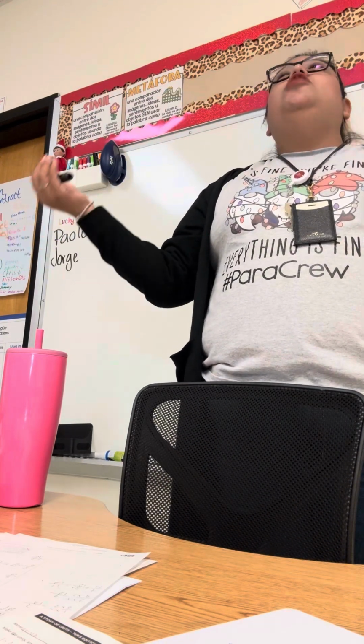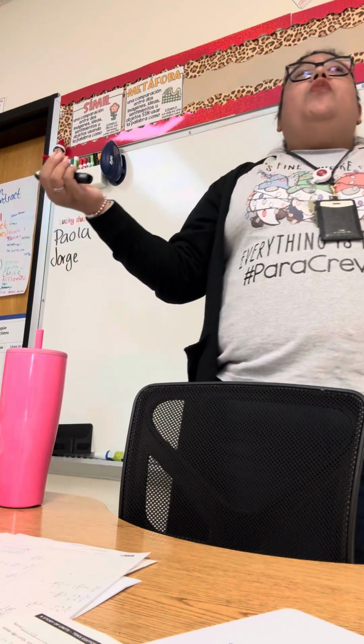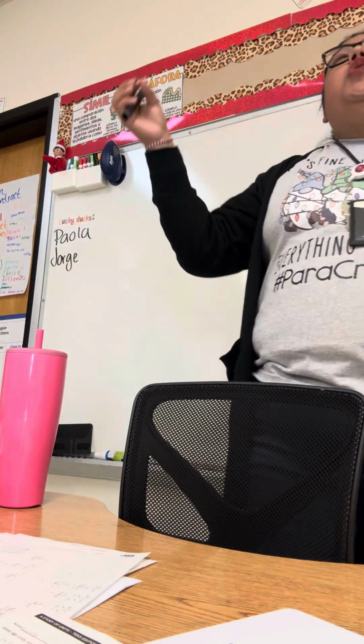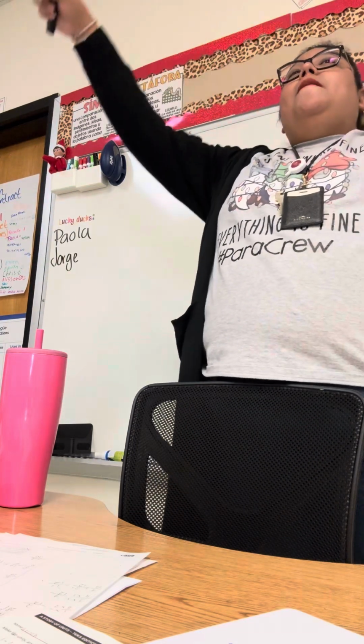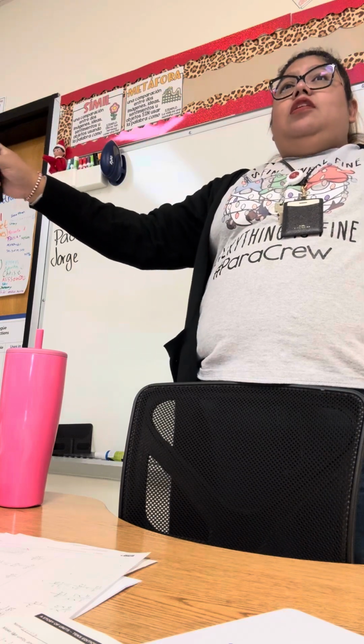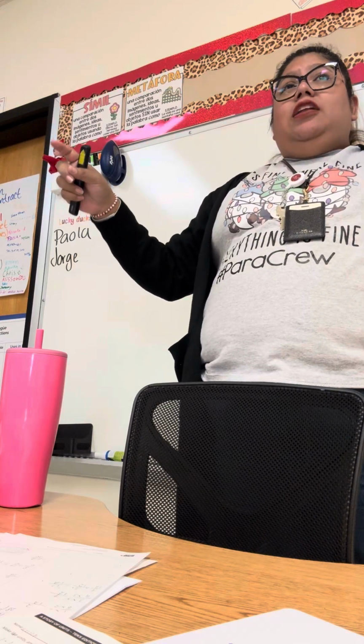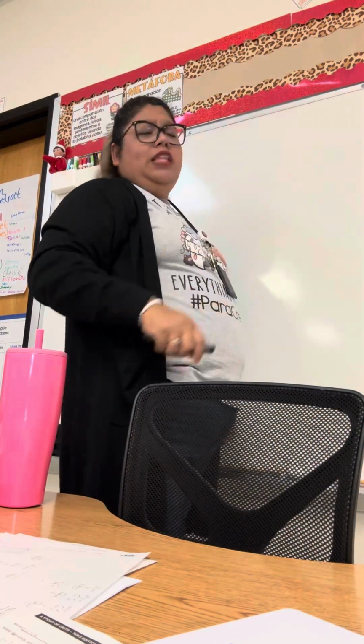To a mixed number. When you have an improper fraction, you always have to turn it into a mixed number, okay? So say improper fraction, mixed number. Mixed number. Improper fraction, mixed number.